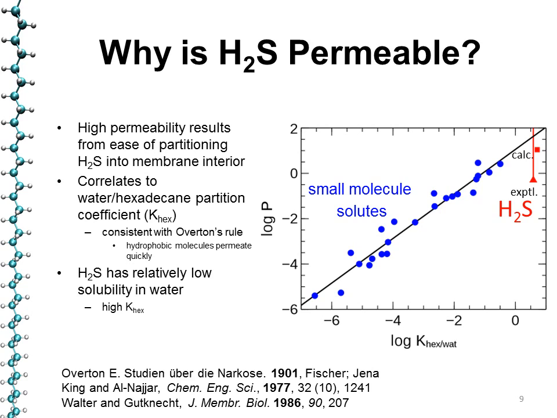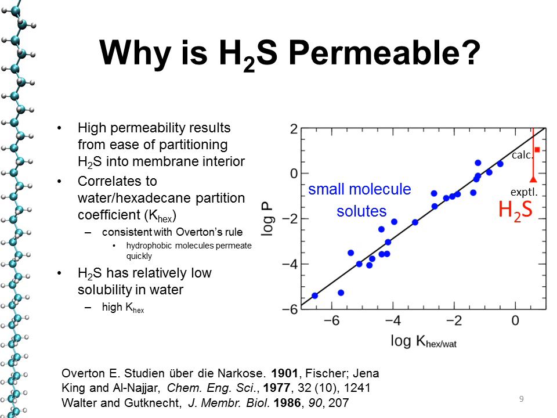This essentially reflects that solutes that tend to partition into the hexadecane phase and have large partition coefficients would be relatively good at permeating into the interior of the membrane, which is a lipid-like tail environment that is chemically similar to the environment of a bulk alkane like hexadecane.